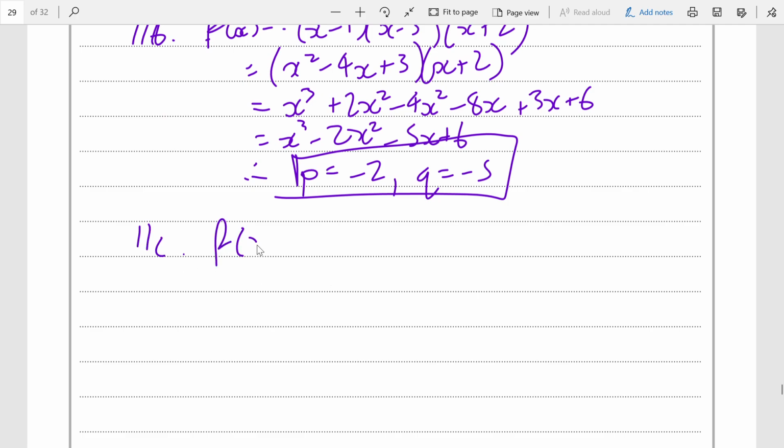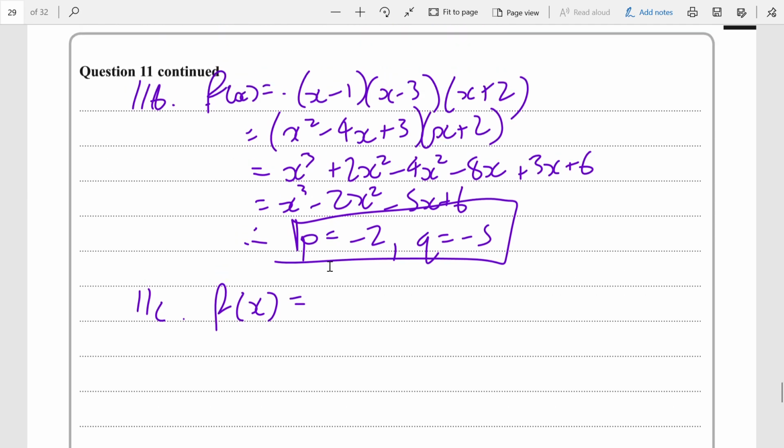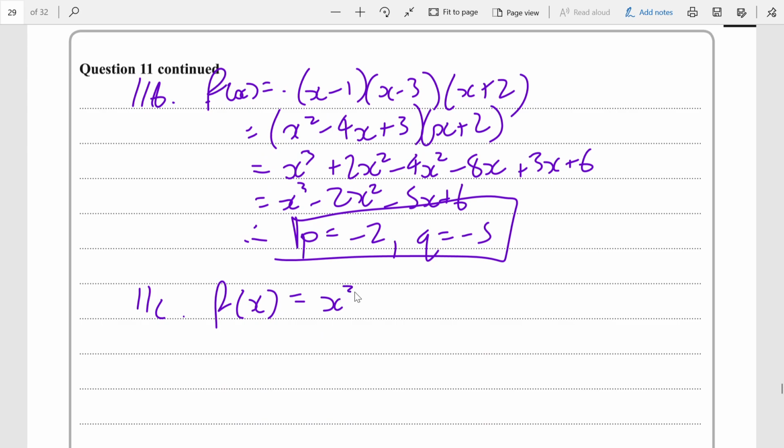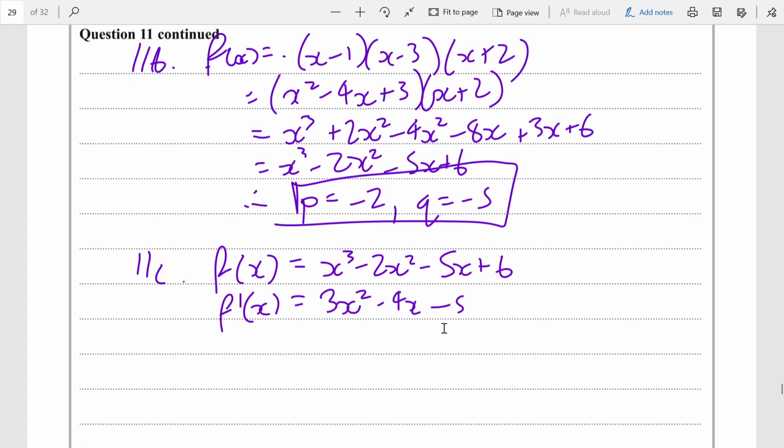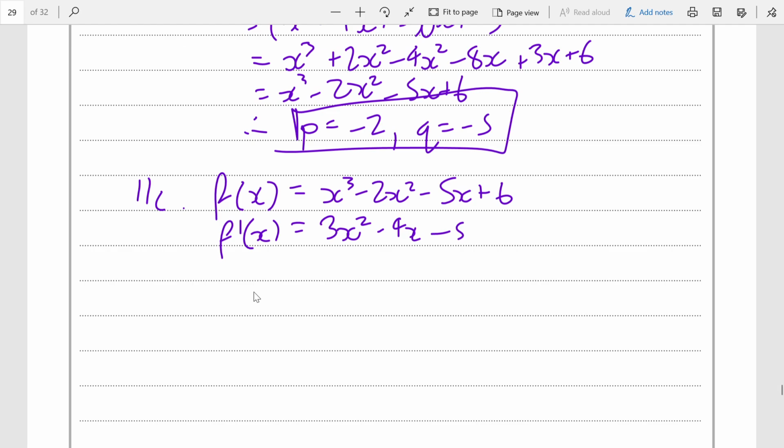So if f(x) is equal to x cubed minus 2x squared minus 5x plus 6, then we know that the derivative of f(x) will be 3x squared minus 4x minus 5 plus 0, because this is a constant, and we're just using the power rule here to do this differentiation.